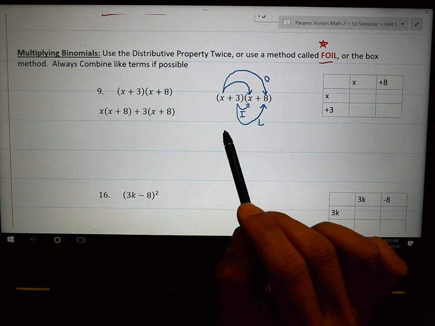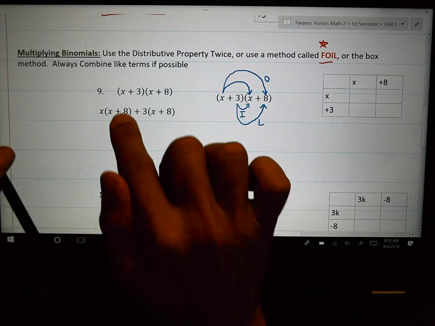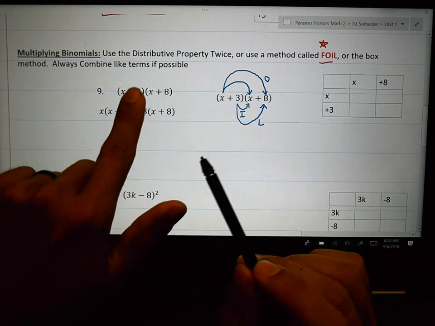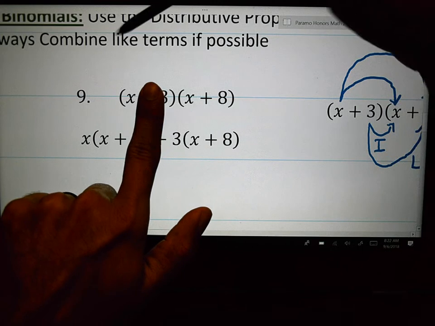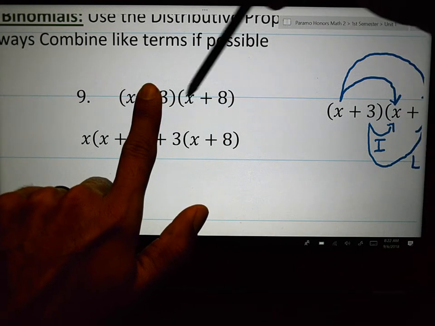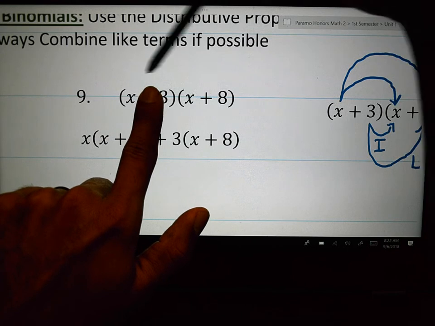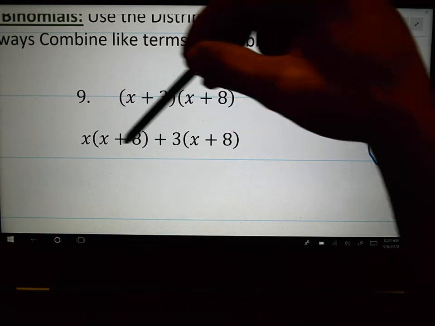Let's start off. If you think about what we've done before, where we had, let me cover this one up for number 9. If I cover that up, you have an x that's a monomial times a binomial. This times the x, this times the 8. That's the distributive property. That's where you get right there.